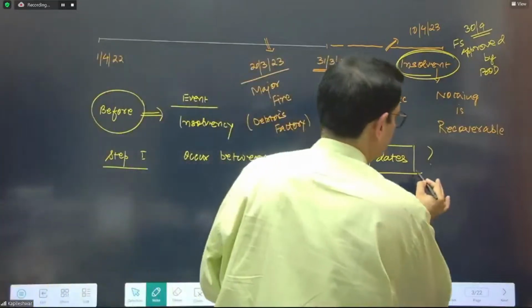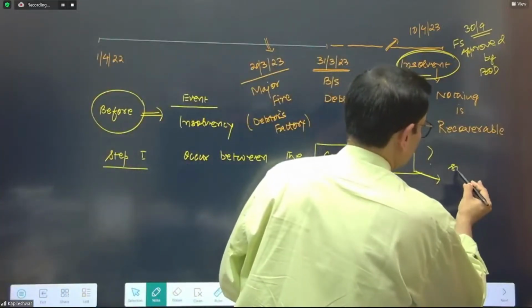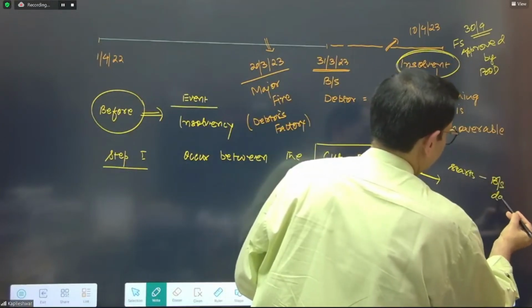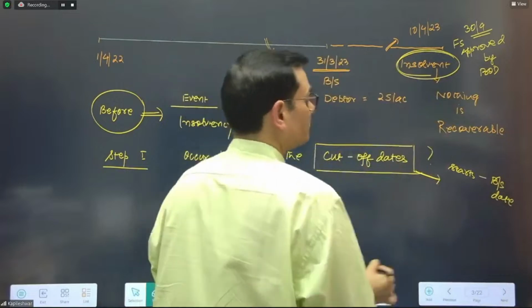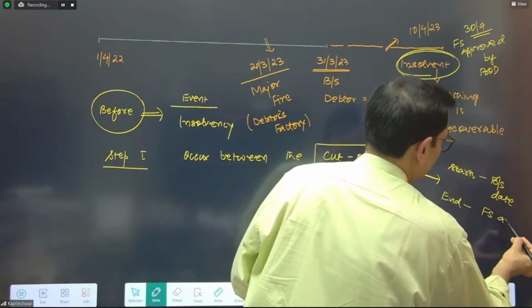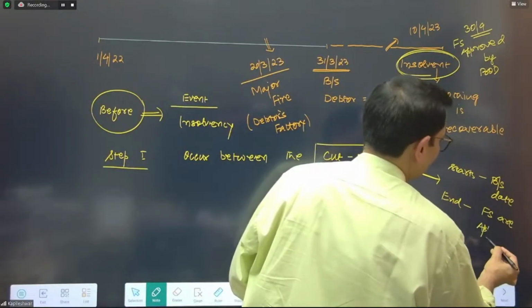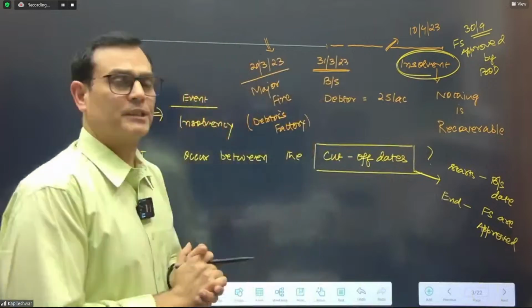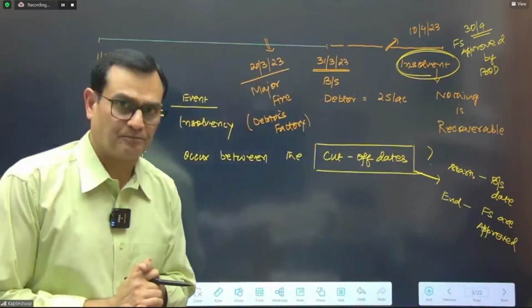What are the cut-off dates? The cut-off date starts on the balance sheet date, in my example, 31st March 23, and the cut-off date ends when the financial statements are approved by the board of directors. In case of a company, the financial statements are approved by the board of directors.